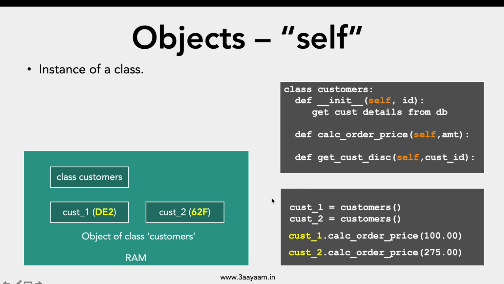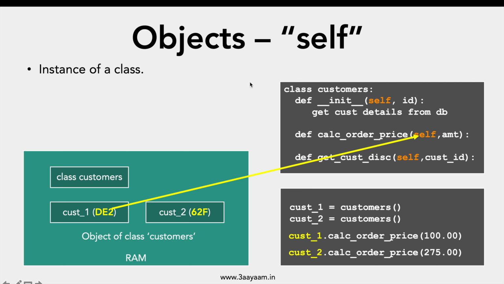Why is that the case? Because these two are different objects and they are stored in different memory locations. So this particular function or method should know on which object I'm calculating the order price. That's why it needs the address of cust_1 and cust_2.